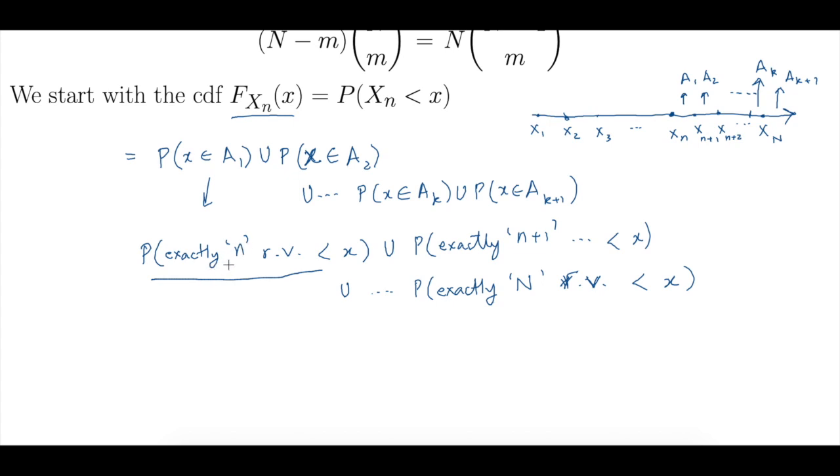So all we have to do is say this is equal to n choose n, and probability of Xn less than x to the n, and 1 minus probability of Xn less than x to the n minus n.